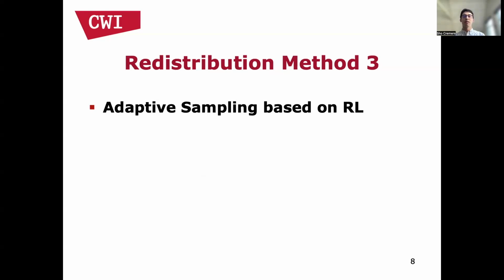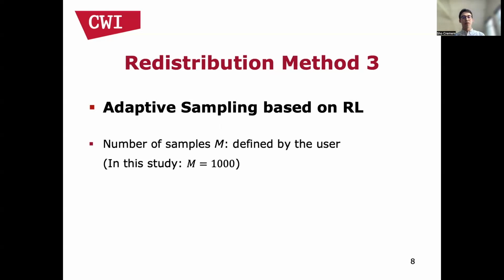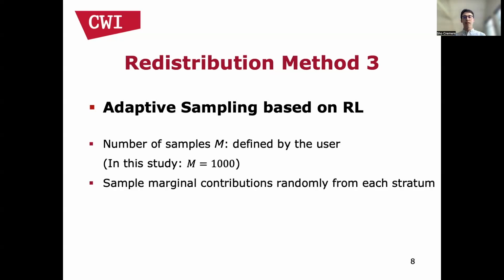Finally, we also looked at the performance of the state-of-the-art random sampling method by O'Brien et al. This method is different from the two previous ones in that it is not deterministic and it has randomness to it. Given the number of samples predetermined by the user, which was set to 1,000 samples per prosumer in this study, this method samples marginal contributions randomly from each stratum.